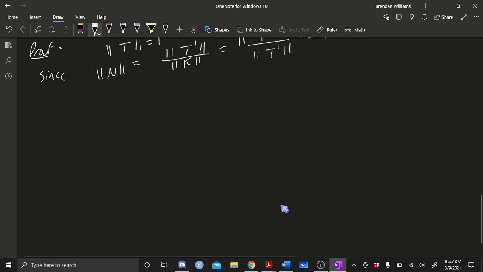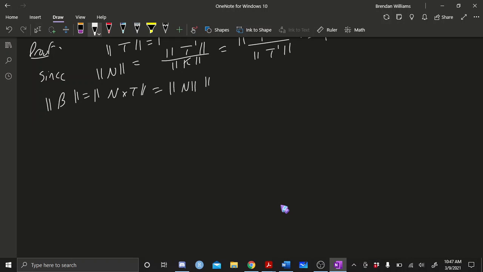And finally, we're going to show that B is unit length. How do we do that? Well, we know that the norm of B is equal to the norm of N cross T, which is equal to the norm of N, the norm of T, times the absolute value of sine theta.